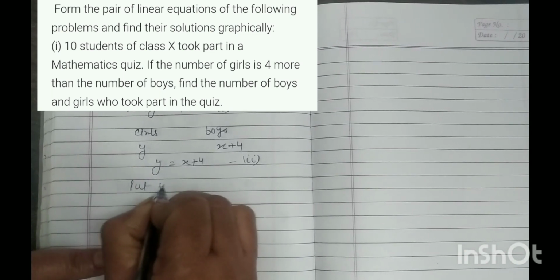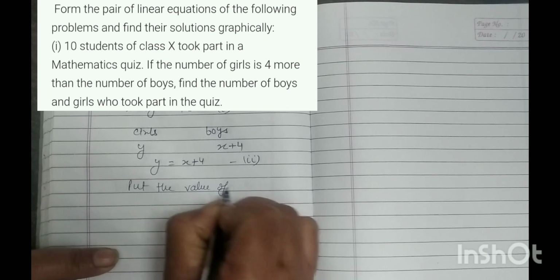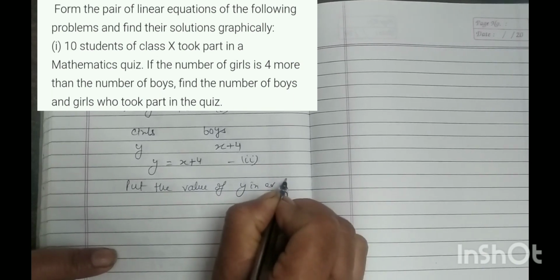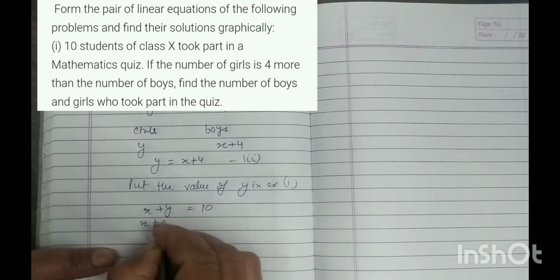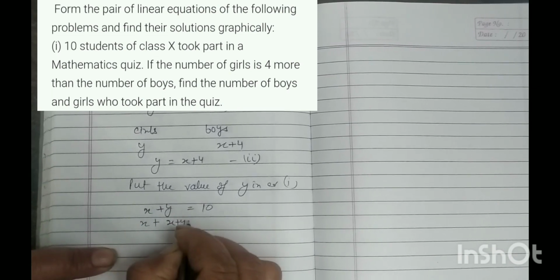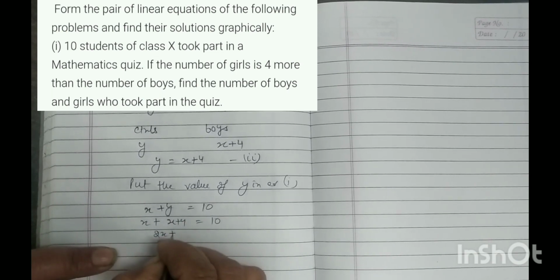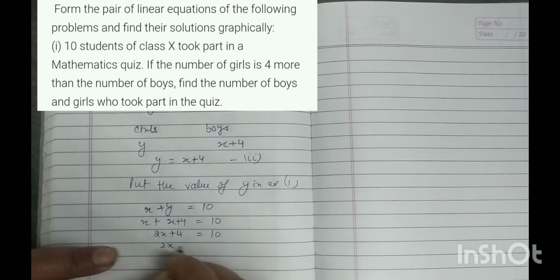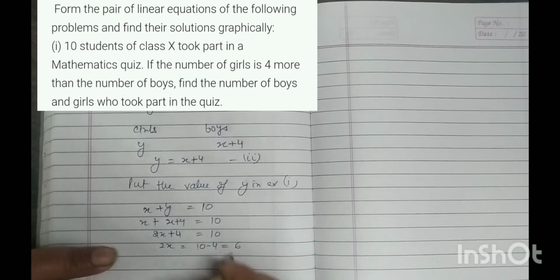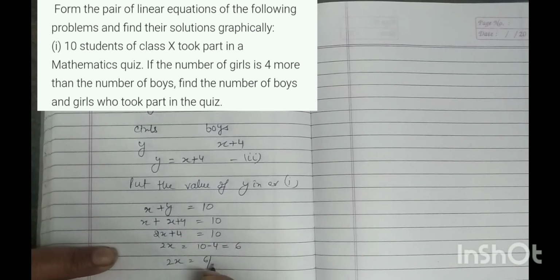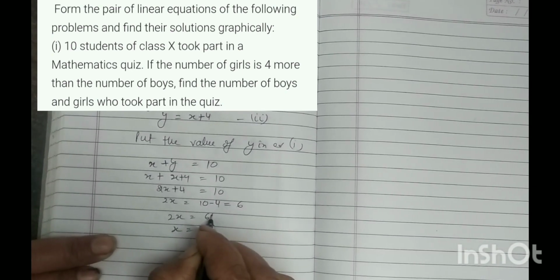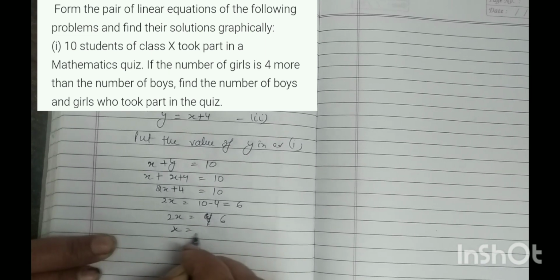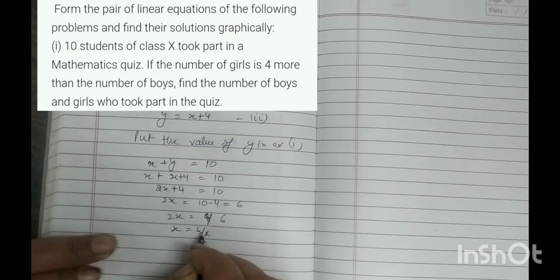Put the value of y in equation 1. x plus y equals 10, x plus x plus 4 equals 10, 2x plus 4 equals 10, 2x बराबर 10 minus 4, that equals 6, 2x बराबर 6, x बराबर 6 by 2, 2 1 जा 2, 2 3 जा 6, that is x equals 3.